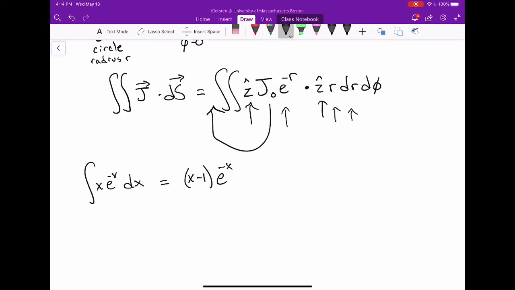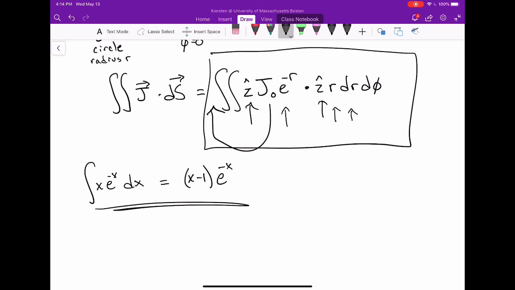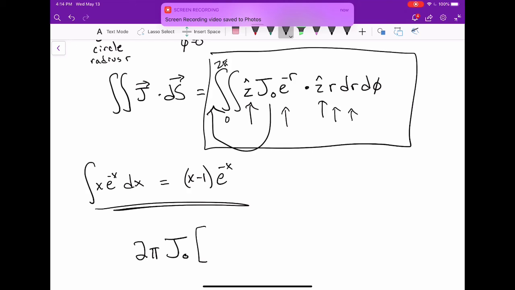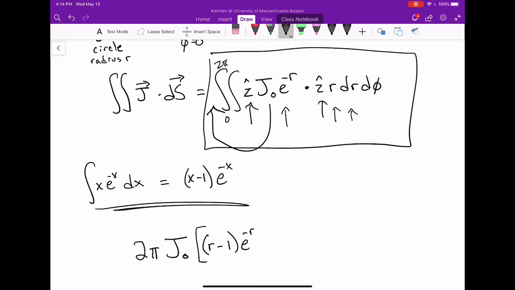But using this fact, we can write down that this whole thing, if we integrate the 0 to 2 pi integral of d phi, and nothing depends on phi, so that just gets us a factor of 2 pi. We've got a J naught, which came out to the front because that's a constant. Then we've got the integral along r to deal with, and that gets us r minus 1 e to the minus r.